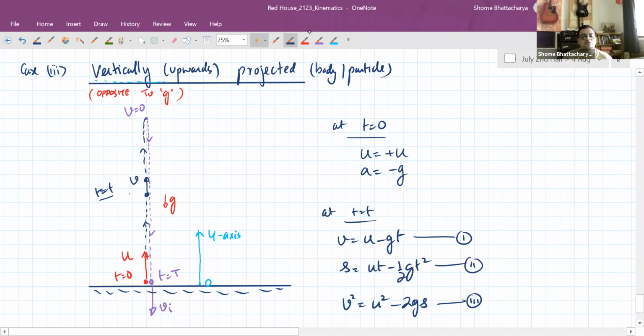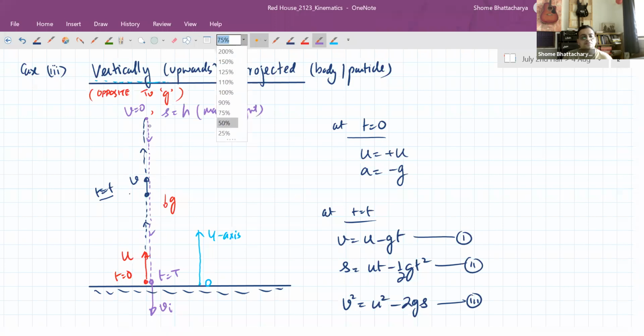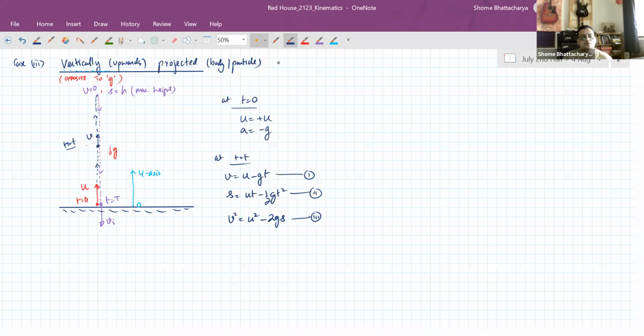Now, when it reaches this point where the velocity is 0 for a moment, we will write its displacement as h, where h is the maximum height. We will be able to calculate these things, the maximum height, the total time of the vertical motion, etc., using these equations.